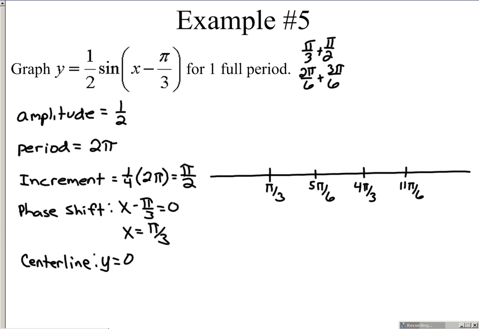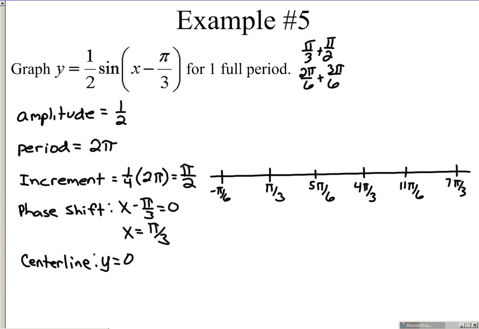And add 3 pi over 6 the last time, and we get 7 pi over 3 when we simplify. If I subtract our increment, 3 pi over 6, from this starting point, 2 pi over 6 minus 3 pi over 6, my next critical point over this way would be at negative pi over 6.